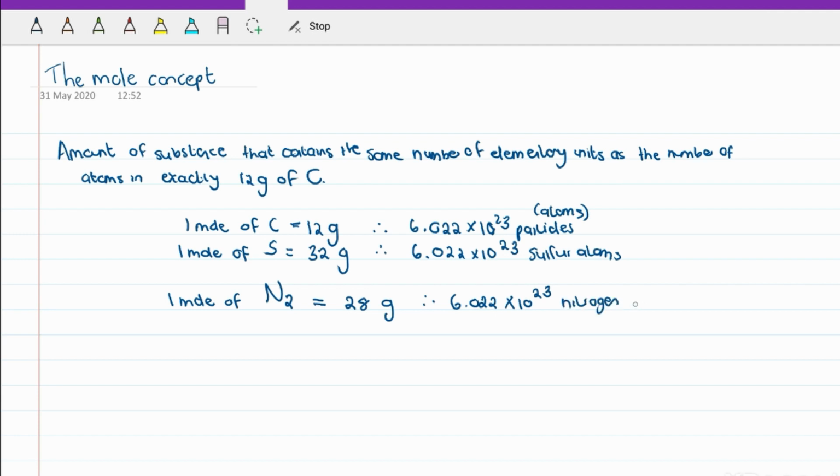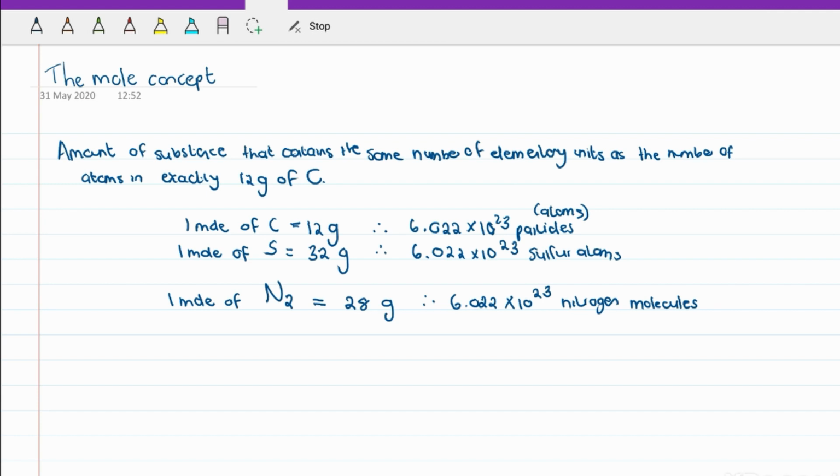But now look at this. We're talking now about molecules, because this is a molecule. It's not an element where we then talk about atoms. Remember, it breaks up into its simplest parts. So if you have a molecule, then we refer to that as molecules.